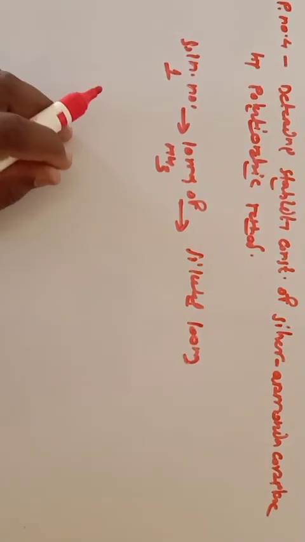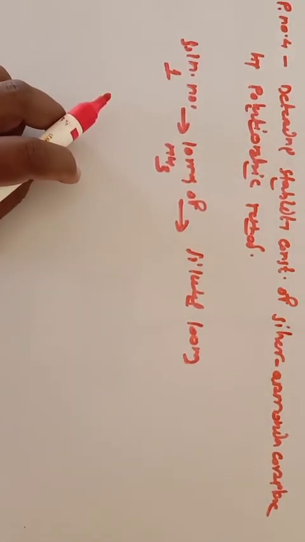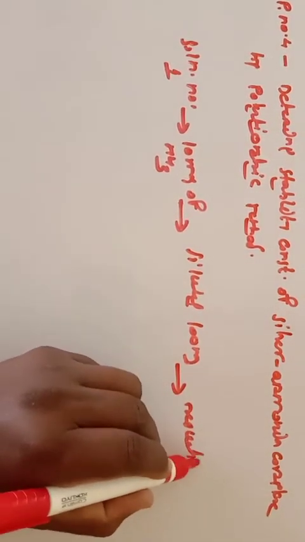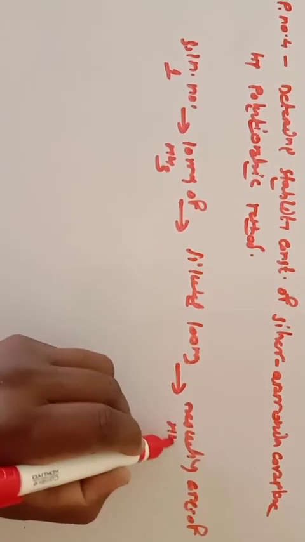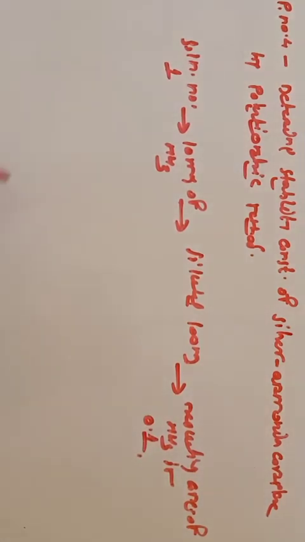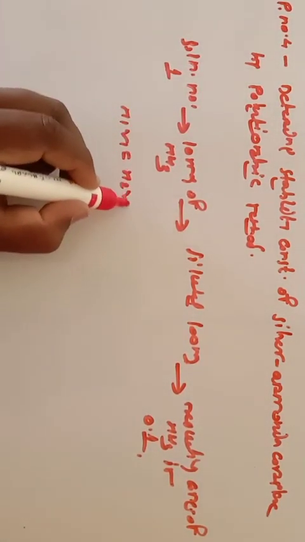So after dilution, the resulting concentration of ammonia is 0.1. Again we use the formula N1V1 equal to N2V2.